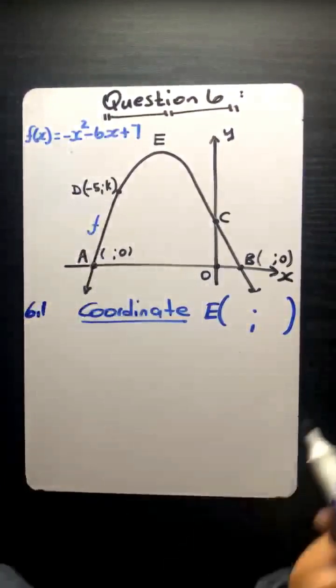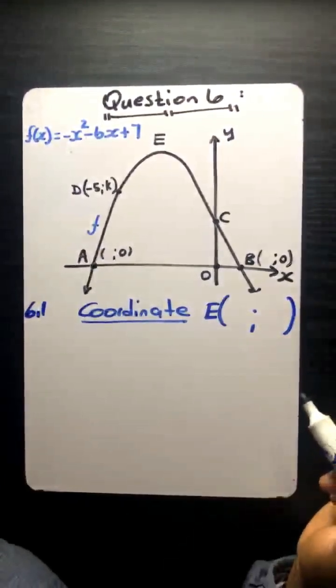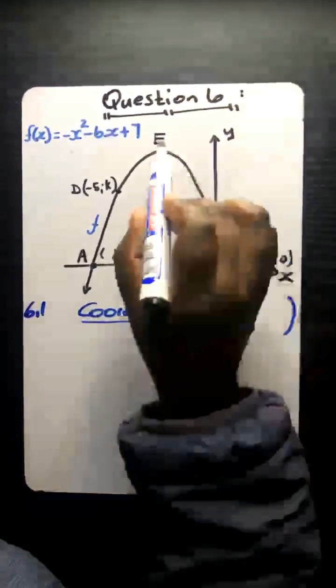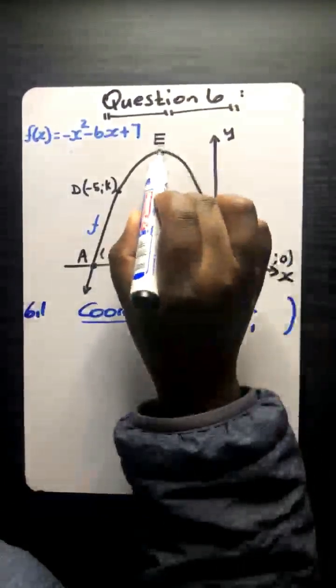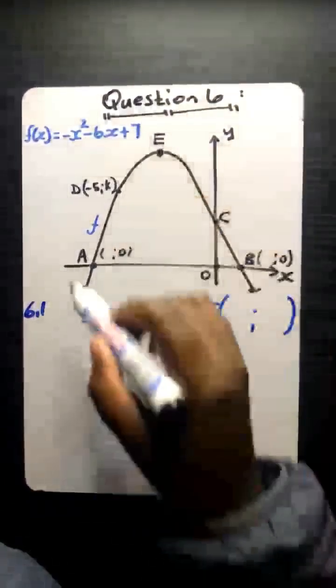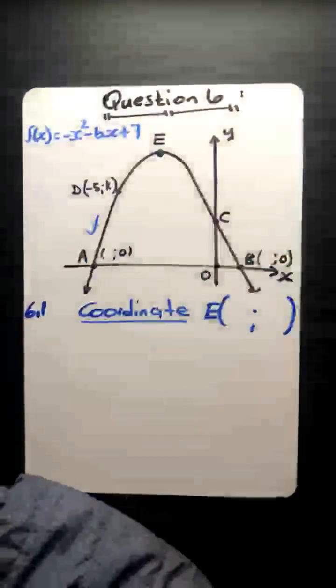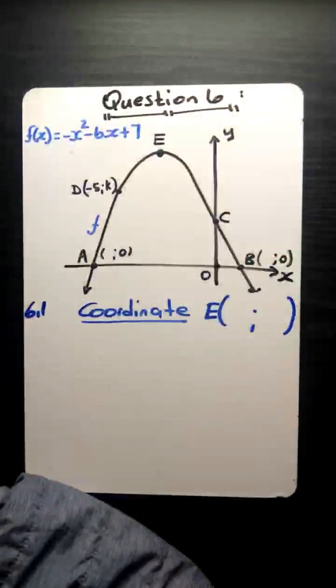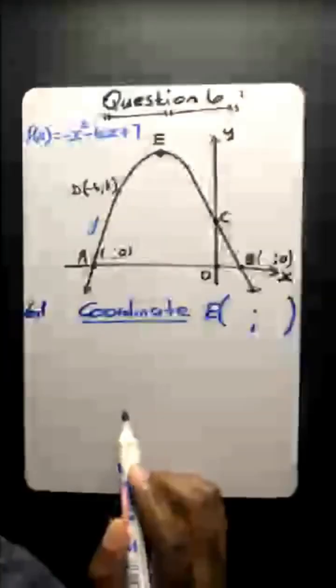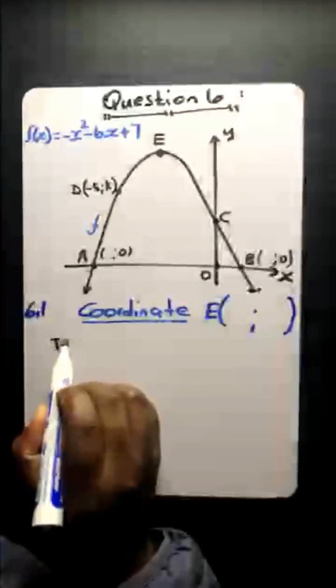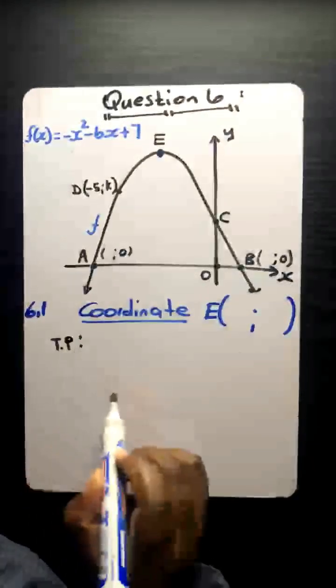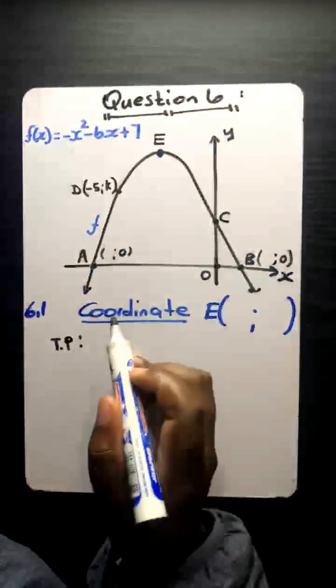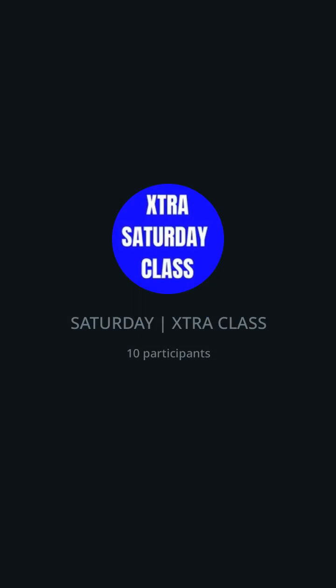So now they've given you a hint to say E, the turning point of that function. So this is why you remember that when it comes to the turning point, there is a formula to calculate the X value at the turning point.